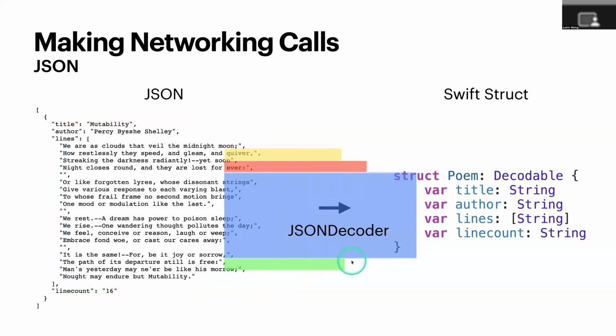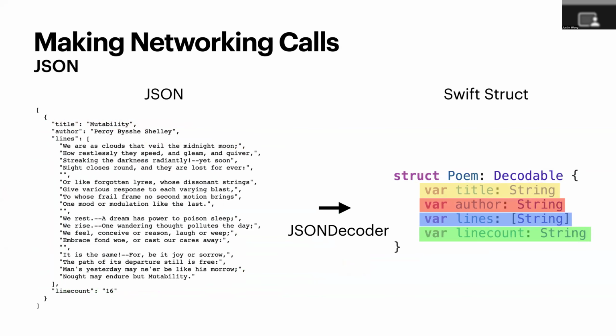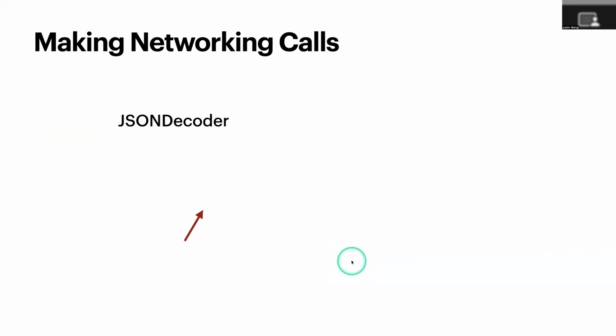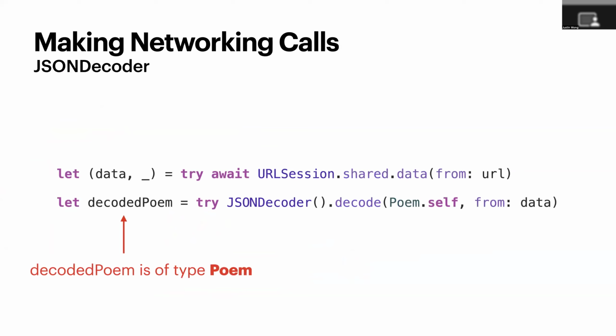So again, the goal here is to map these four properties into the properties of our Poem and create a Poem object. So let's take a look at how we could use JSONDecoder in the code. All we need to do is create a JSONDecoder instance, and then we call the decode method on that instance. Again, it takes in two arguments. The first argument is the type that we want to decode into.